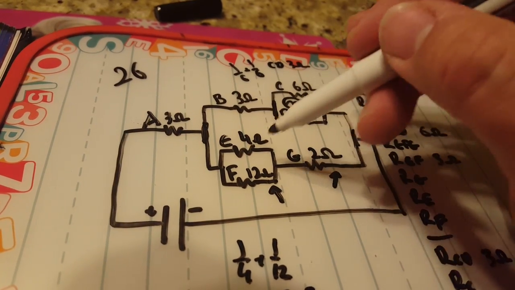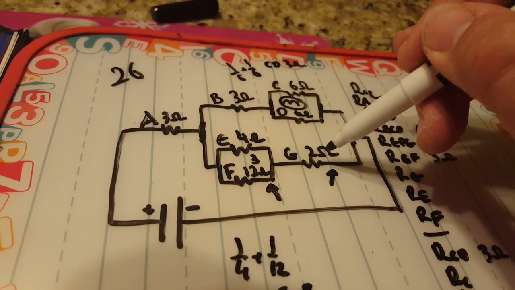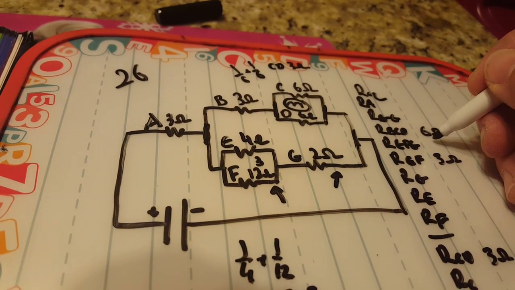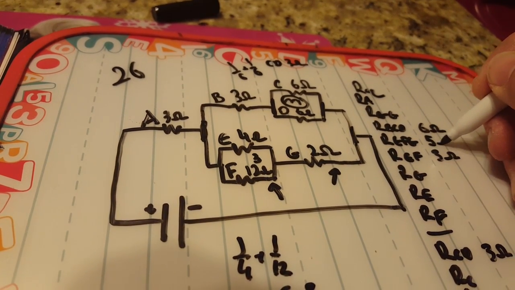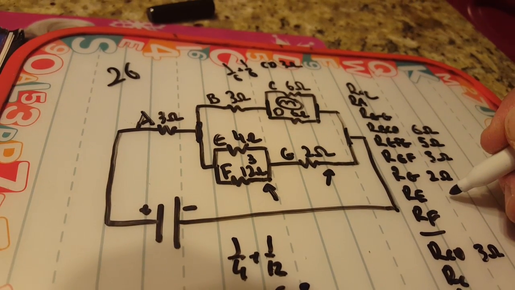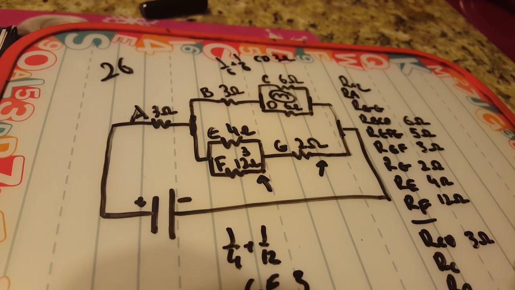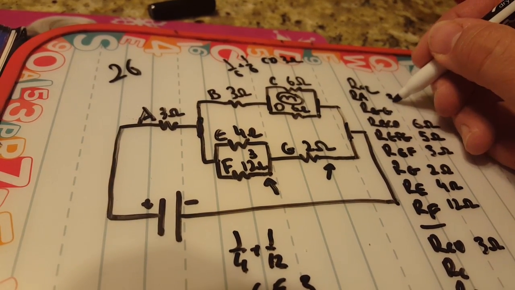Down the lower branch, we solved this to be 3, therefore we have a 3 and a 2 in series. In a series, we add those up, so 3 and 2 is 5 ohms. We fill this in: 2 ohms, 4 ohms, 12 ohms. We don't care. A is 3 ohms.